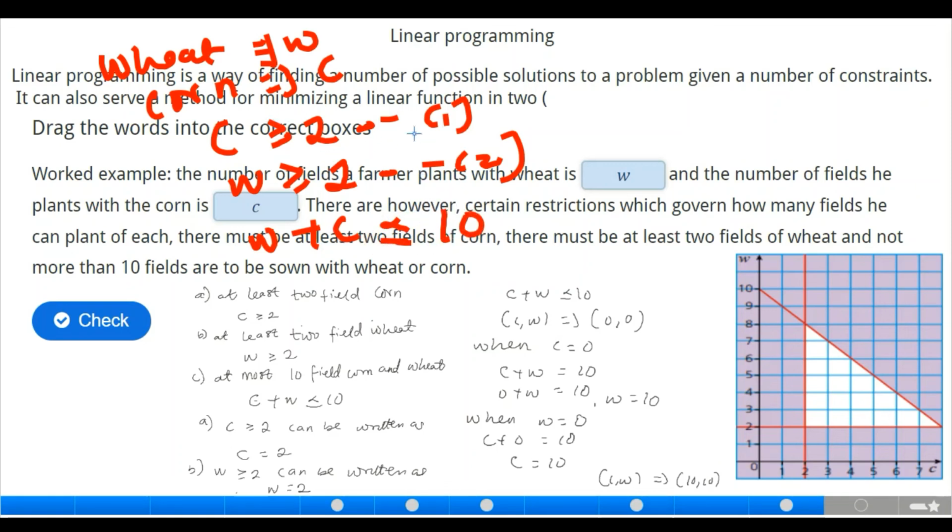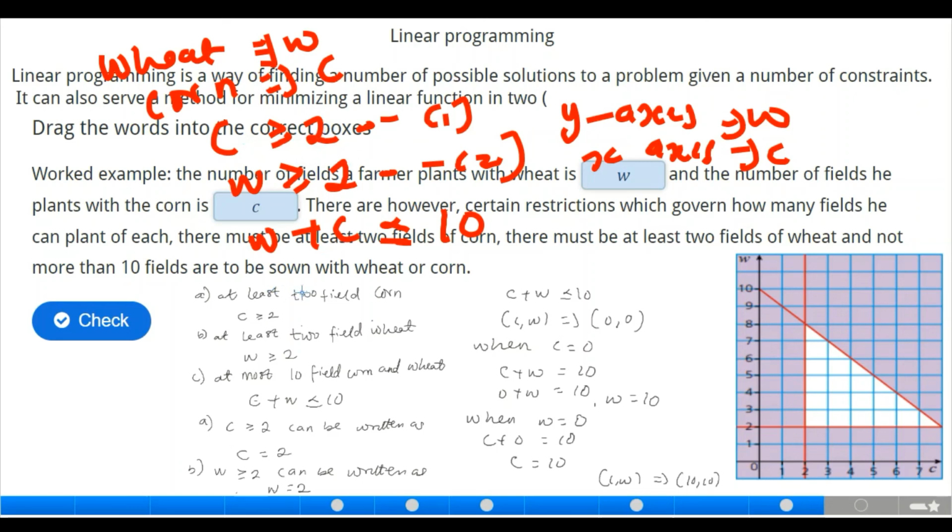Now let's interpret this and represent our equation. For this one, we can let W be the y-axis. Now the x-axis is going to be the corn feet. So for the first condition, we have C greater than or equals to 2.